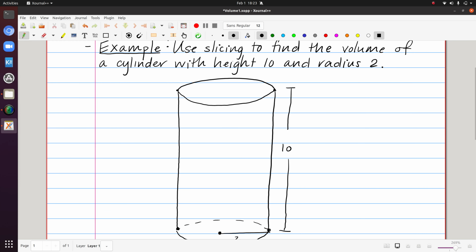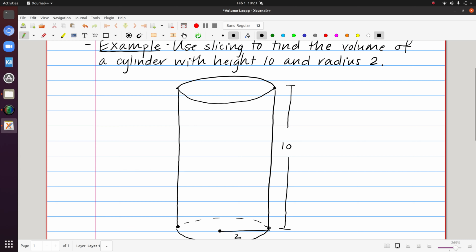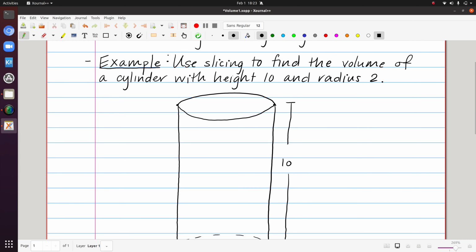In particular, we have a cylinder of height 10 and radius 2, and we want to use slicing to find the volume. When I say we want to use slicing, it's the same idea that we had when we started talking about Riemann sums in the beginning. We've seen, for instance, if we want to find the area under a curve or between curves, we can essentially slice the interval into rectangles of equal width.